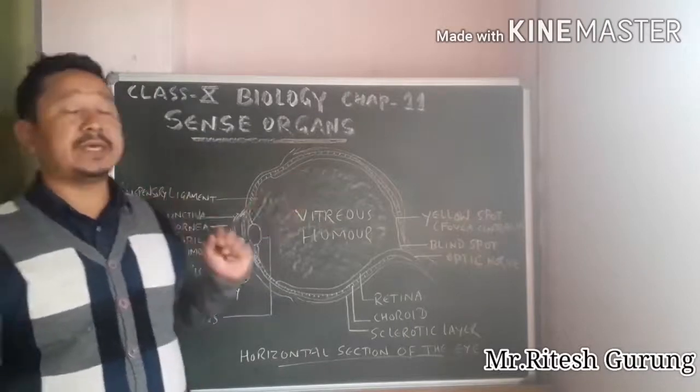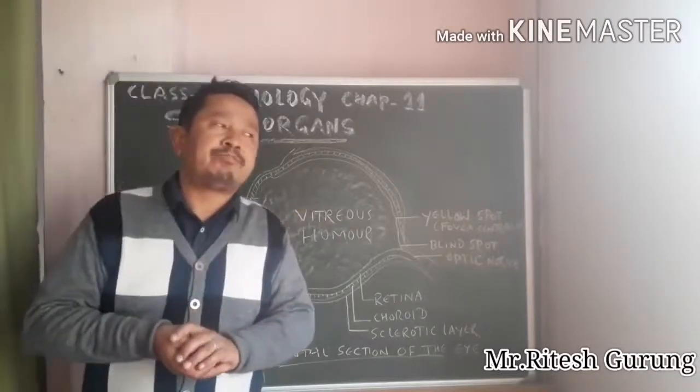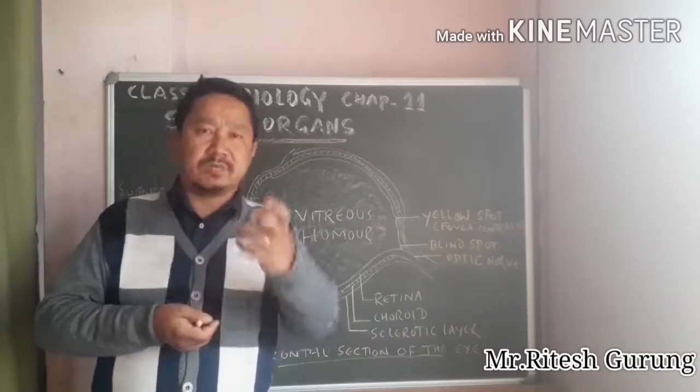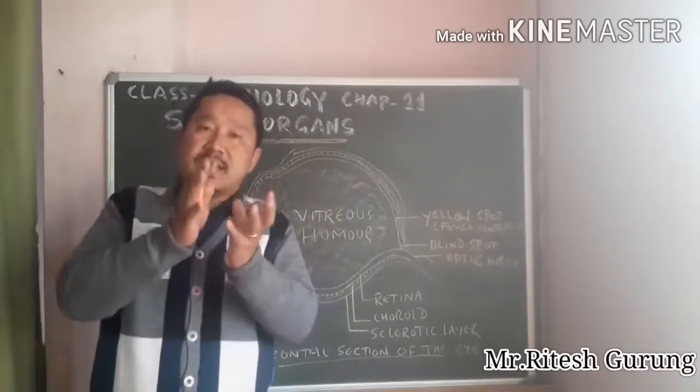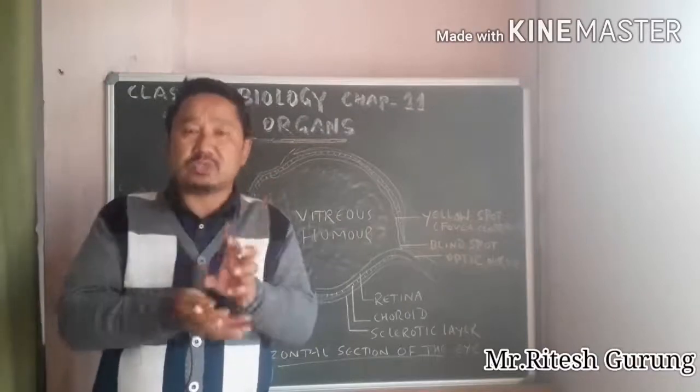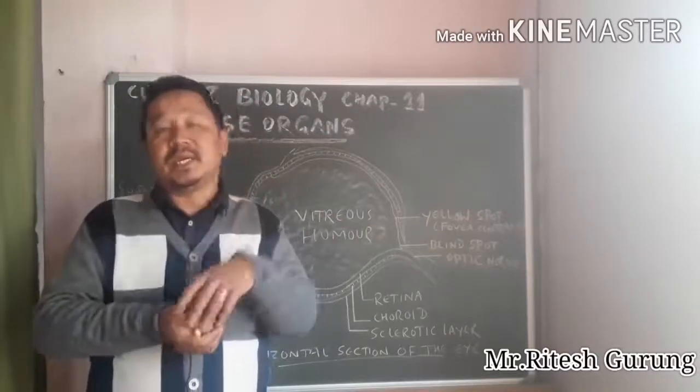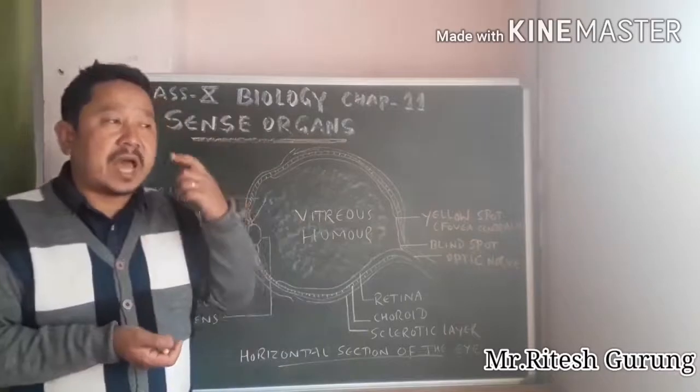First is the orbit. Orbit means the sockets where your eyeball is situated and protected. Similarly, there are your eyebrows.